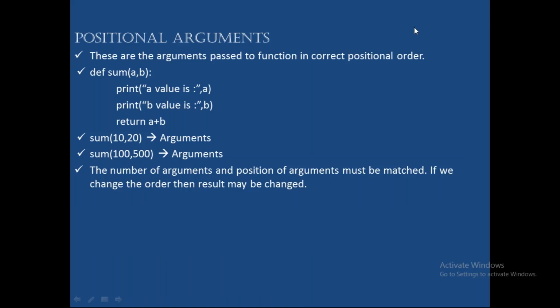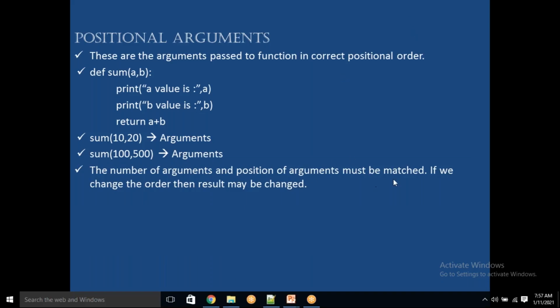Next, the number of arguments and the position of arguments must match. If we have two parameters, you must send two arguments. If you send one or three, it will throw an error. If you send 100, you got the input for a, but where is the b value?